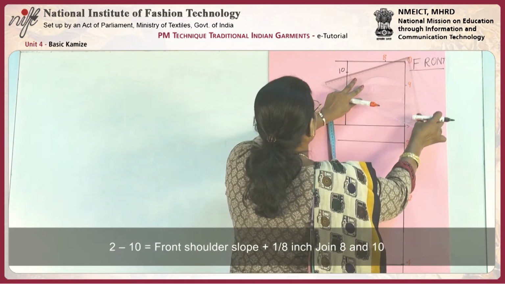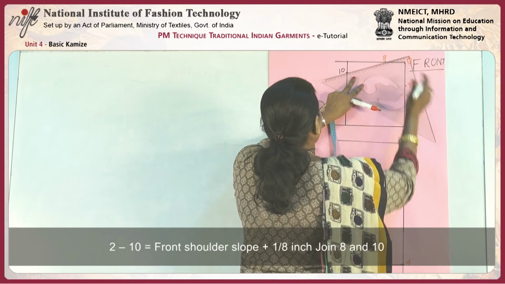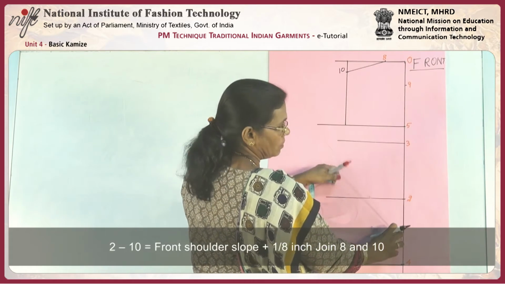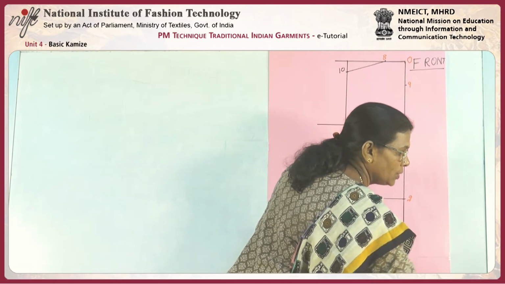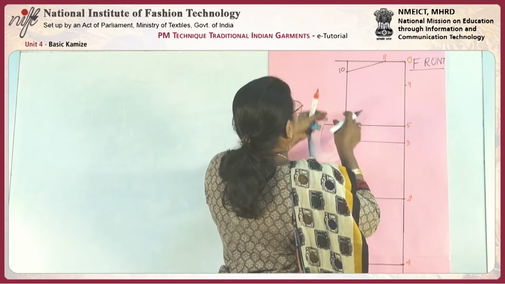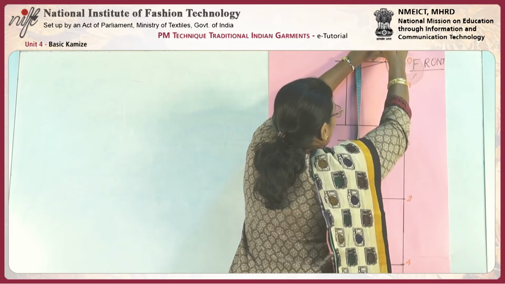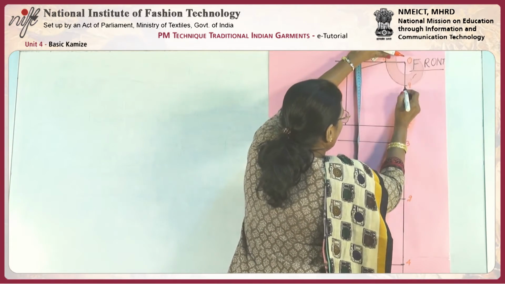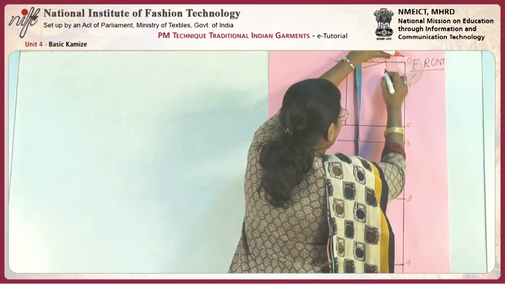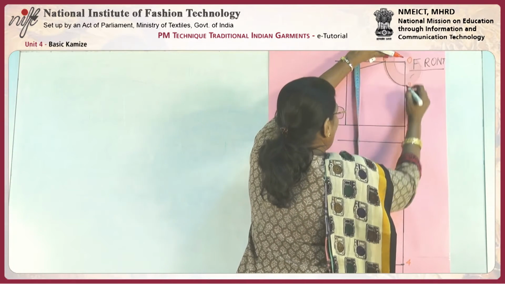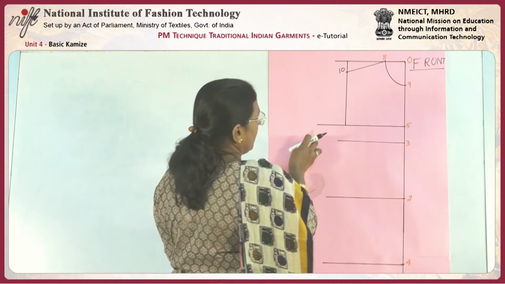Join 8 and 10 as the shoulder. Then draw the front neck from 8 to 9 by keeping the tail up, and it should have 1/4 inch straight at the center front neckline.